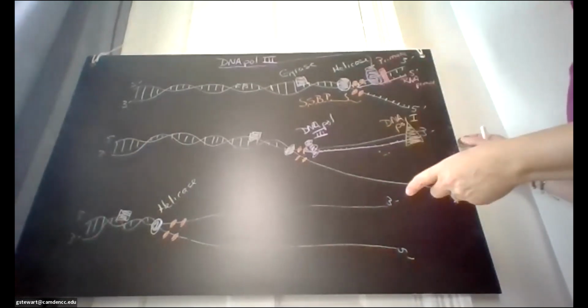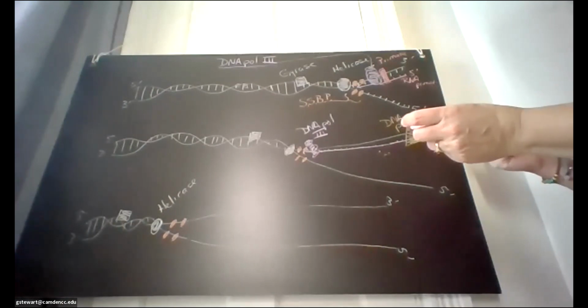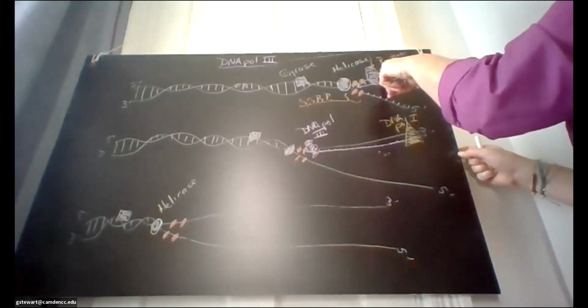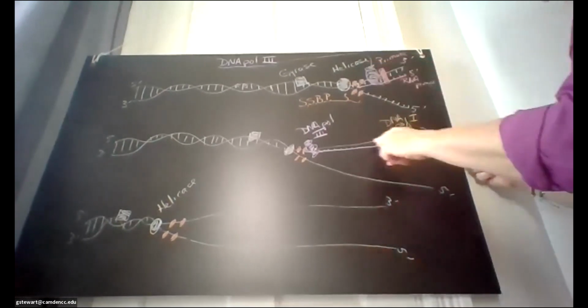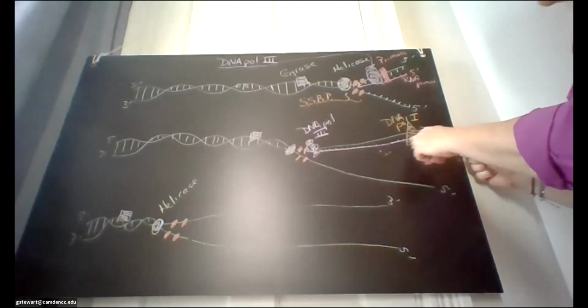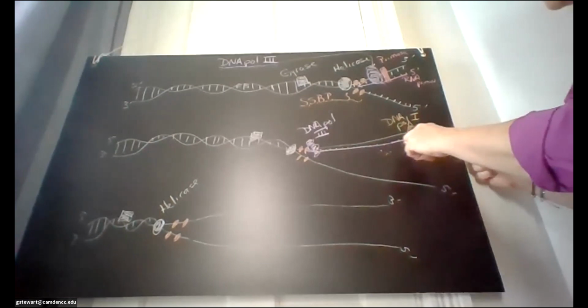Then primase is done on the leading strand. DNA polymerase 3 hops on the end of that primer and starts synthesizing new DNA 5' to 3'. That primer is removed by DNA polymerase 1 and filled in with DNA 5' to 3'.